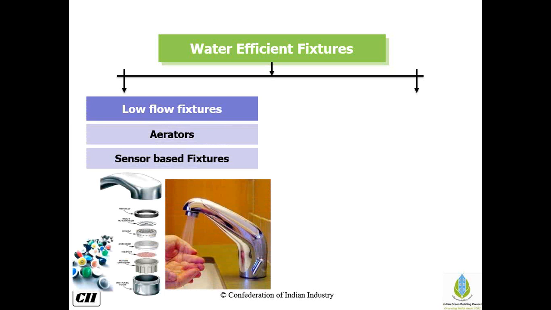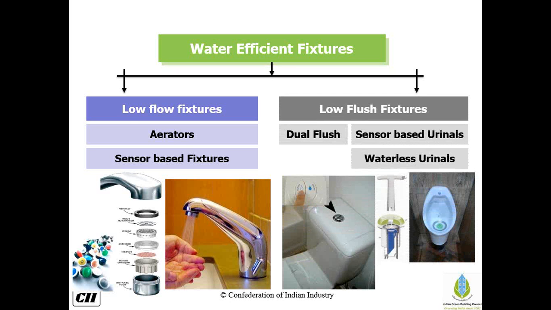Now in the market there are many new manufacturers coming up with efficient fixtures like low flow fixtures, where the water comes slowly, but at the same time you reduce the water consumption.